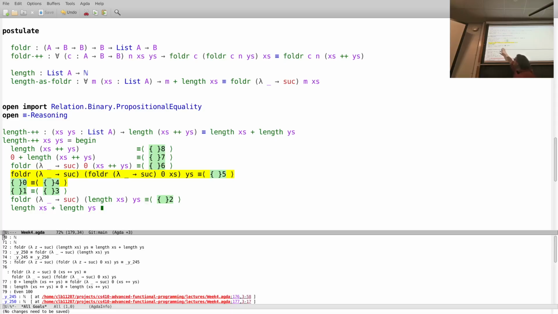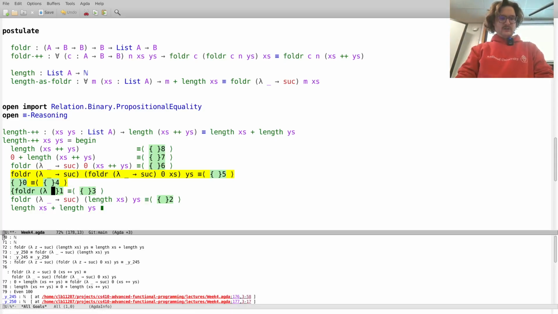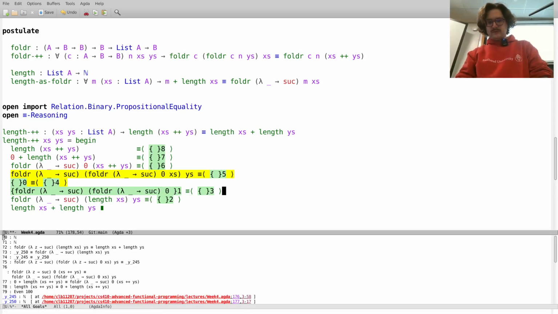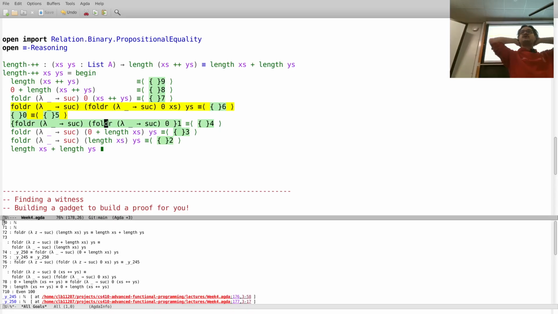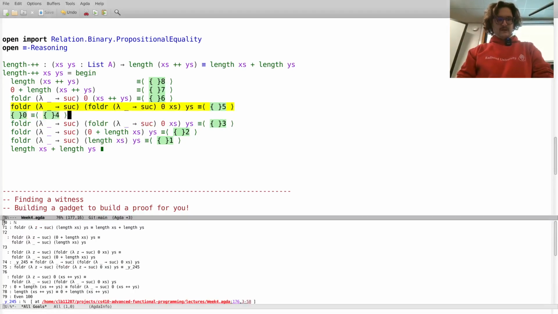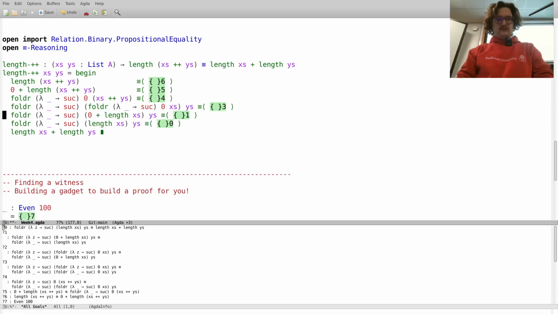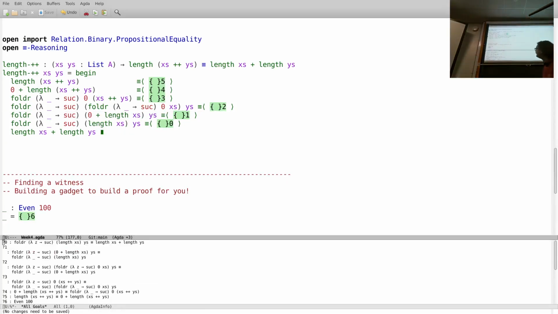And now the thing that I have here sort of looks like this through that lens again of the unfolding. So I can say I should get foldr lambda soc foldr lambda soc z. Okay, maybe I'll introduce another step again. So this length x's looks a lot like 0 plus length x's. And then that's an instance of this thing. And now they should actually meet in the middle, and that should be fine.